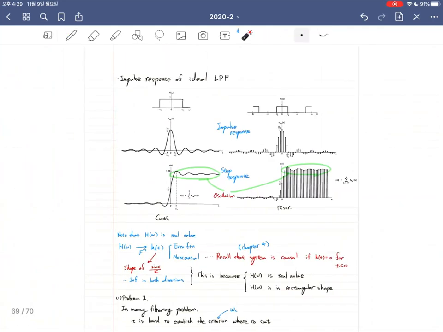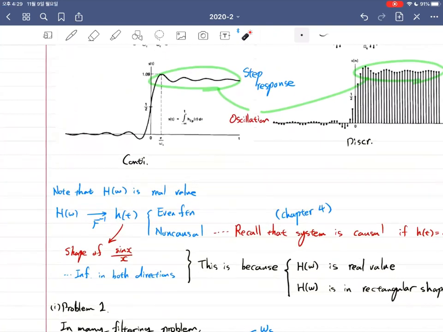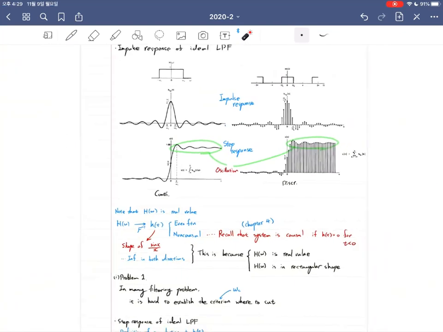But as we already studied, this h of t, the impulse response, is non-causal, so it cannot be used.